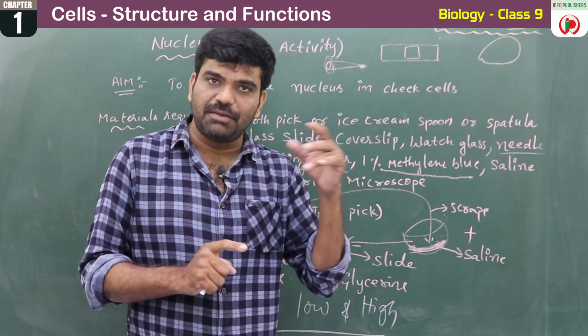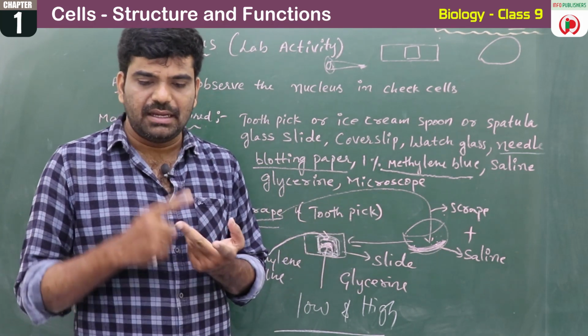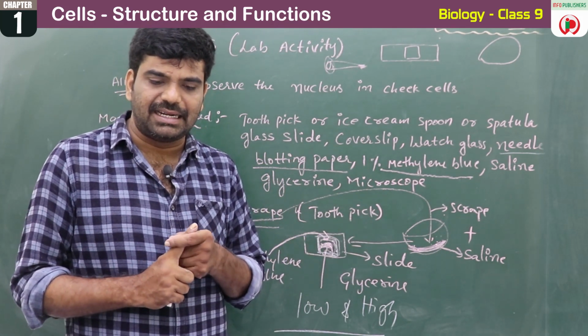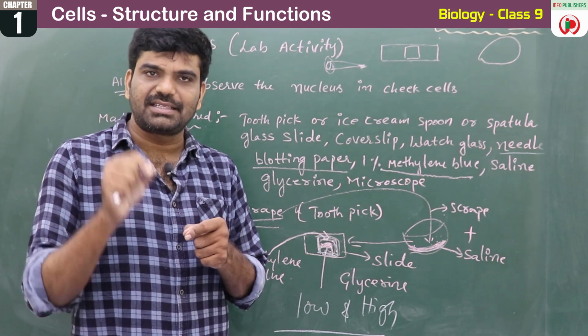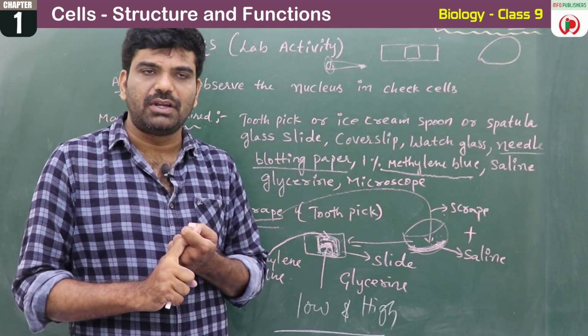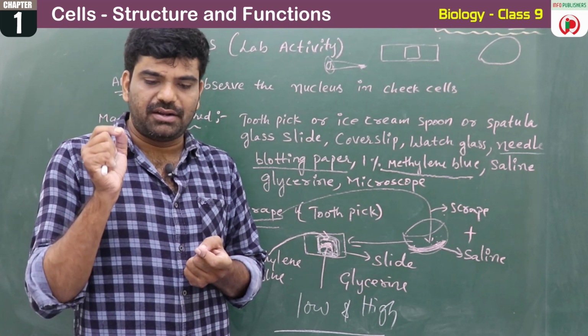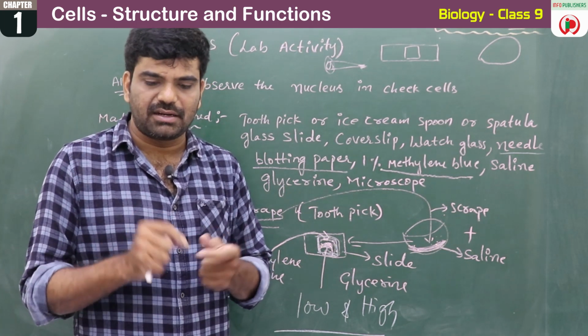In onion peel cells also the nucleus is present, and we are observing the nucleus here. The third question: are there any dark colored spherical or oval dot-like structures? Yes, that is the nucleolus. Nucleolus is a dark oval dot-like structure near the center of the cell.